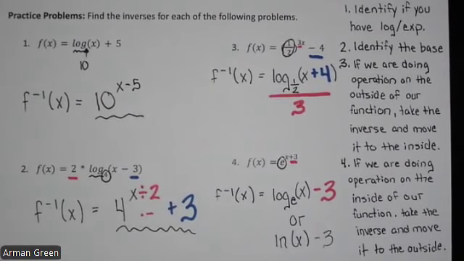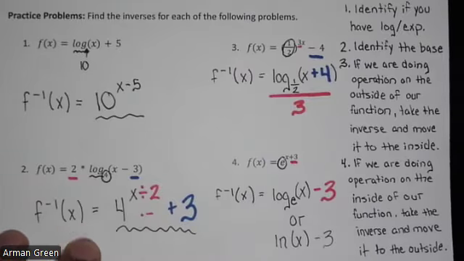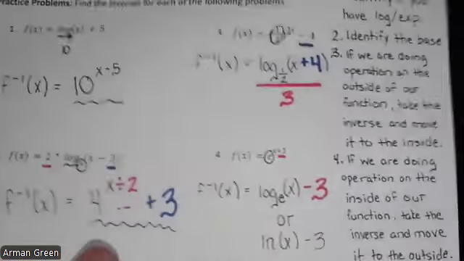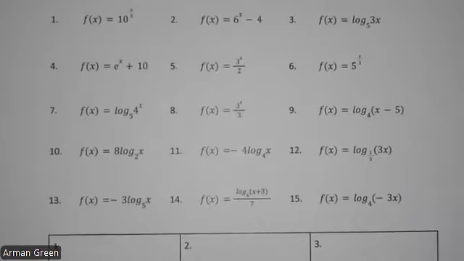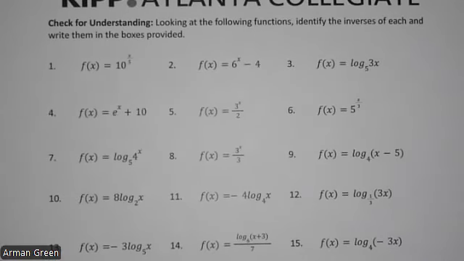Okay, so what we have left, if we go to page 30 now, page 30 is the last page for this lesson for today. You will see that on page 30, there are 15 practice problems here.